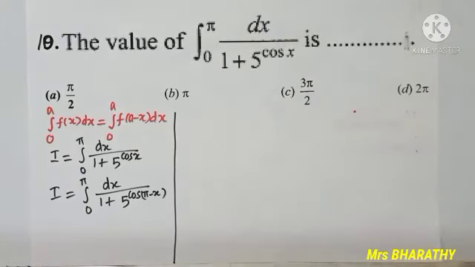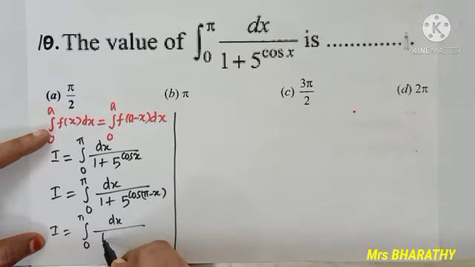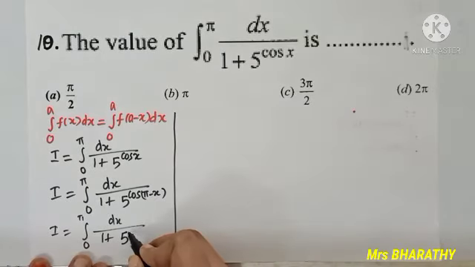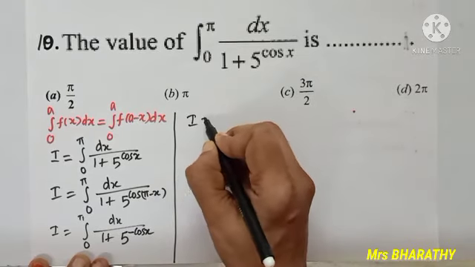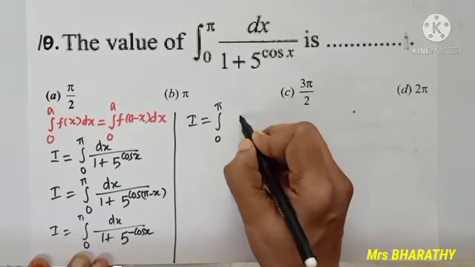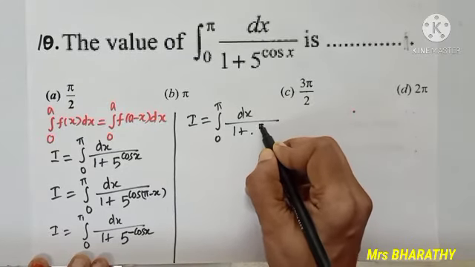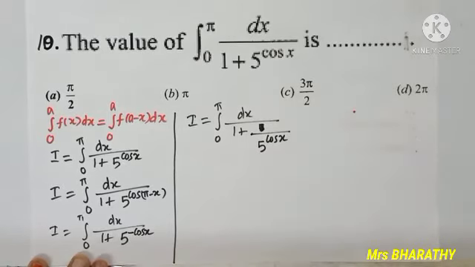And we remember dx by 1 plus 5 power cos pi minus x is minus cos x. When the power is negative, bring it to the denominator. So we rewrite integral 0 to pi dx by 1 plus 5 power minus cos x.